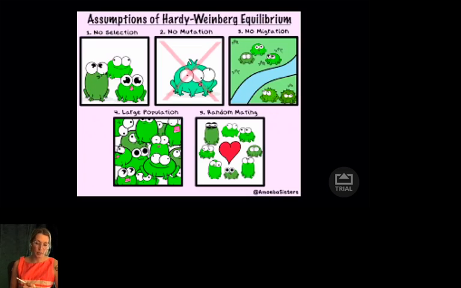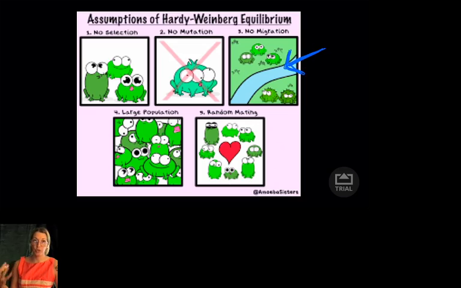Last little note about Hardy-Weinberg equilibrium is, as I've mentioned several times, the assumptions in Hardy-Weinberg equilibrium are that there is no selection, no mutation, no migration. We haven't talked about migration yet, but migration would be introducing potentially new alleles into a population, right?